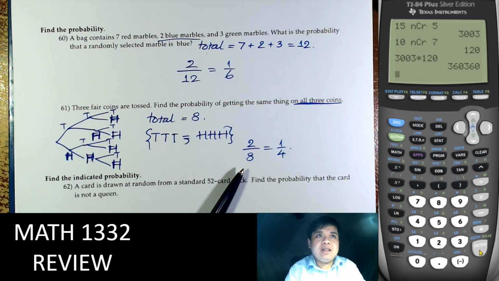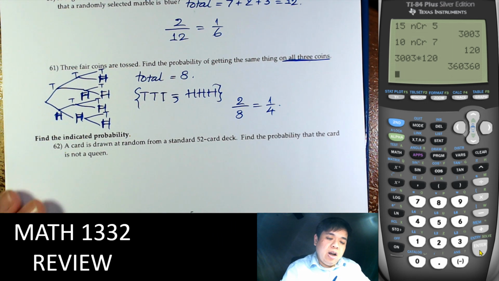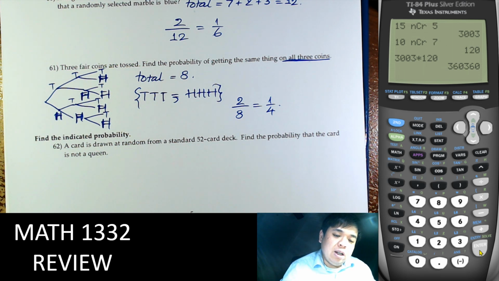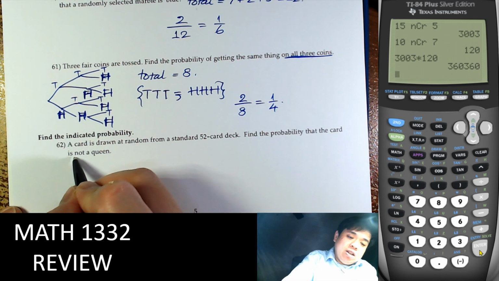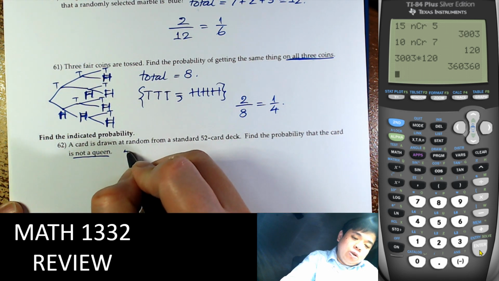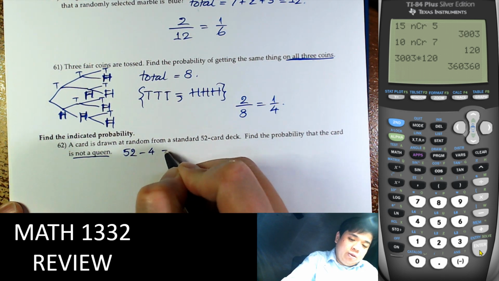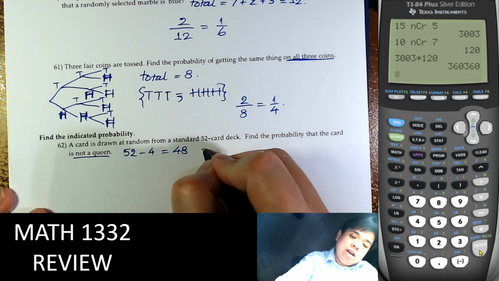Next, a card is drawn at random from a 52 card deck. Find the probability that the card is not a queen. So there are 4 queens, 4 different queens. If it's not a queen, there are 52 minus the 4 queens. We have 48 cards left.